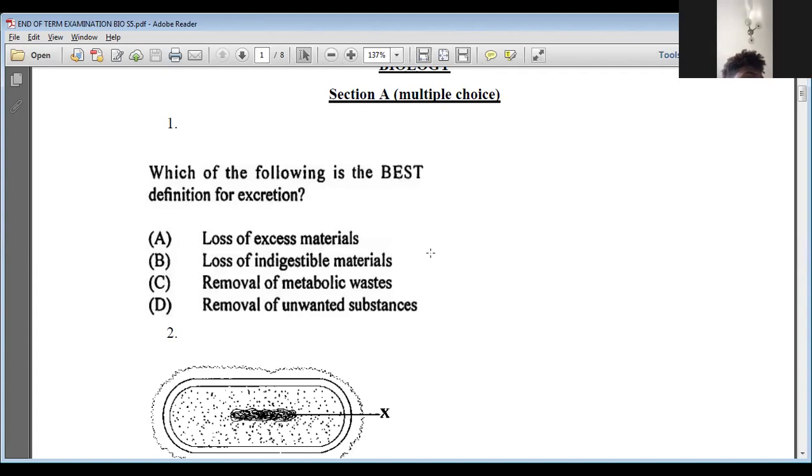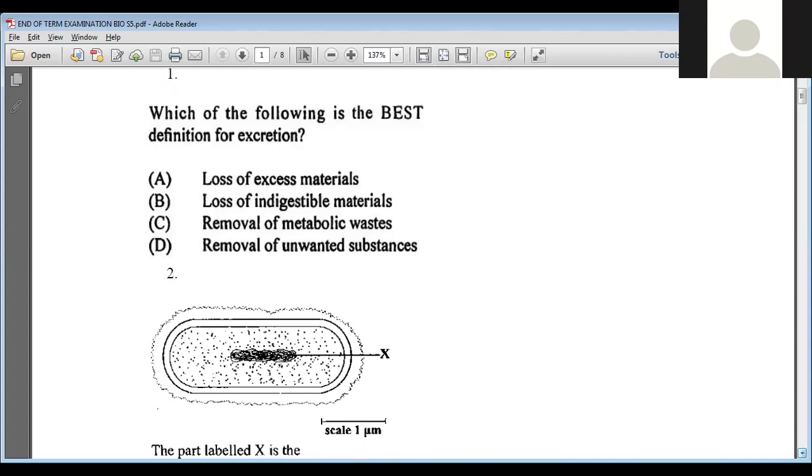And D says removal of unwanted substances. What do you think excretion is, based on what we have done so far? I'd say the removal of metabolic waste. Yeah, removal of metabolic waste is good. So the answer there is C. All right, removal of metabolic wastes.